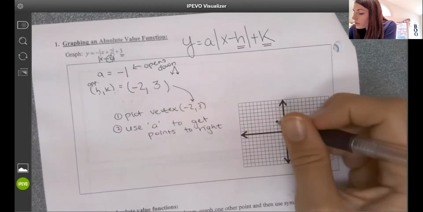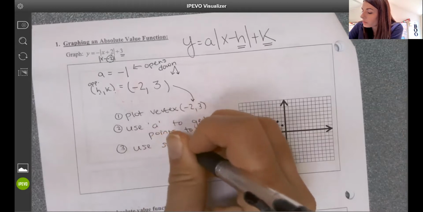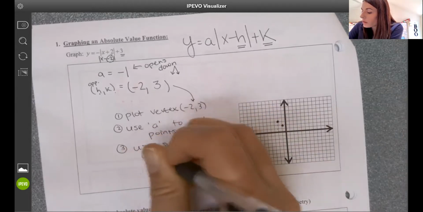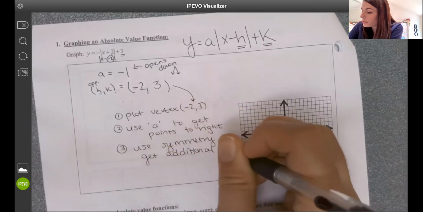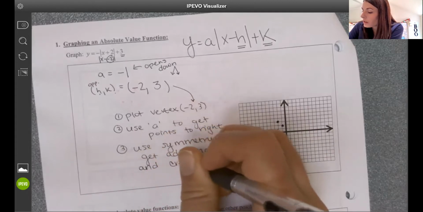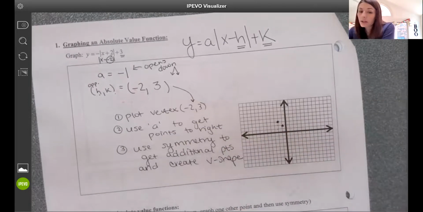So A is negative 1. I'm going to go negative 1 over 1. And then I can use symmetry to get additional points and to create the V shape that the graph is.